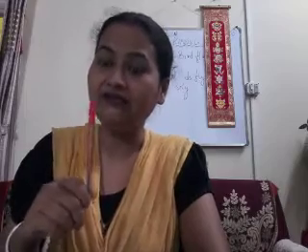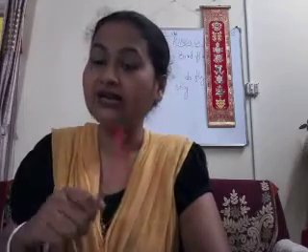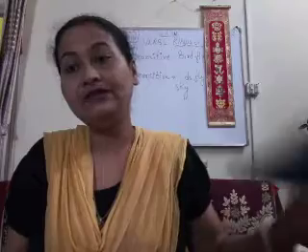So most words take s to change them from one to many. Like in the beginning I gave you the example pen. This is one pen. When I talk about more than one, I'll say pens. P-E-N, pen. Then I add simply s, P-E-N-S, pens. Done? One more example I gave you is notebook.